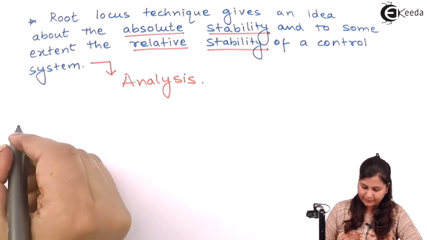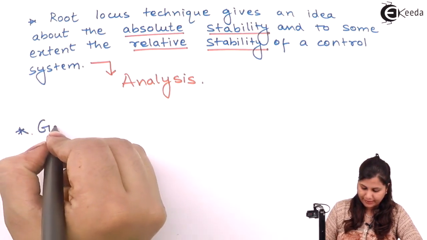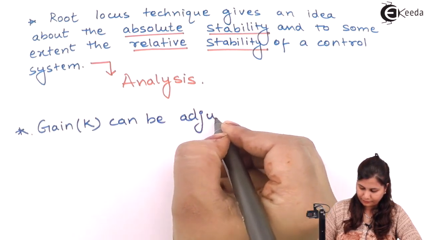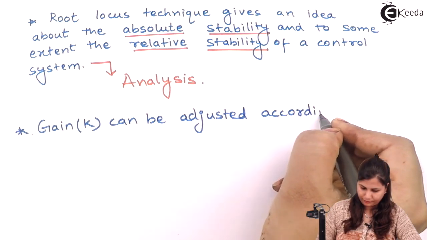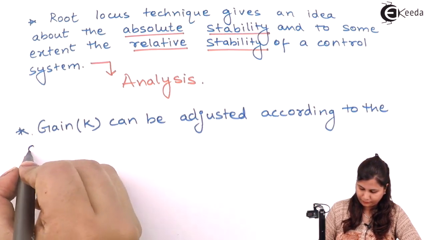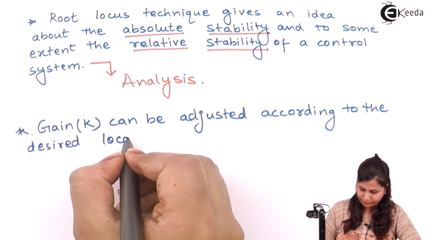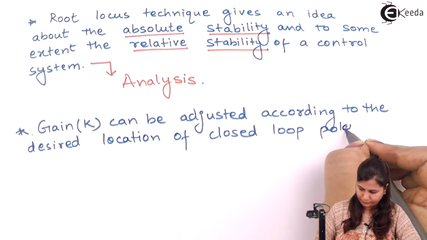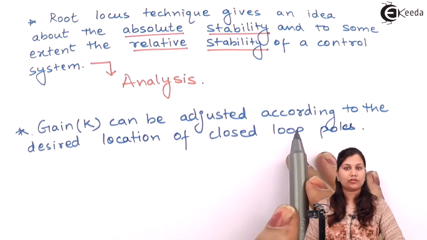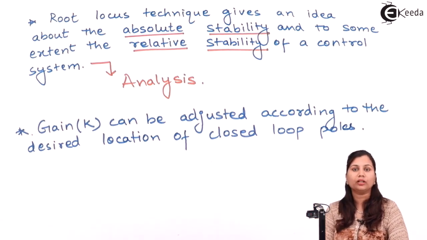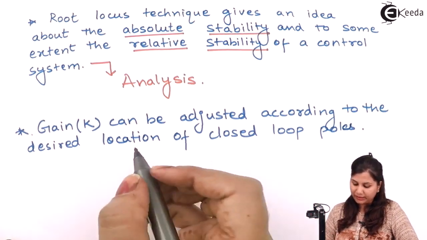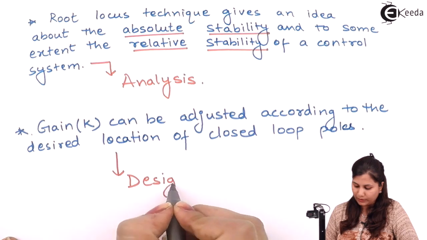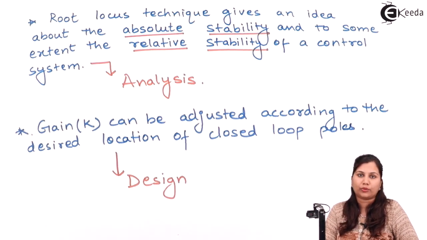And how designing? This gain K can be adjusted according to the desired location of the closed loop poles. So designing means we are adjusting this gain K. So this root locus technique also helps in the designing of the control system.